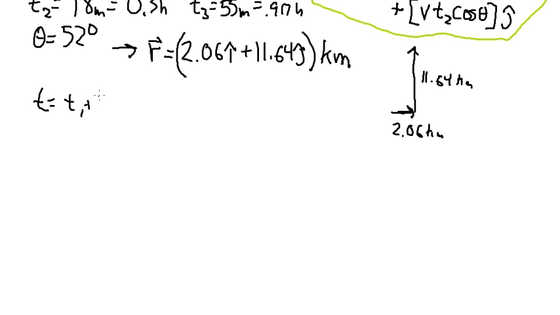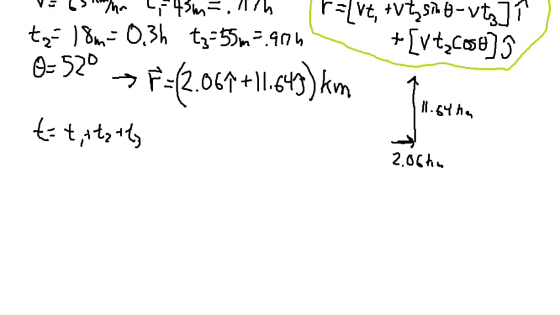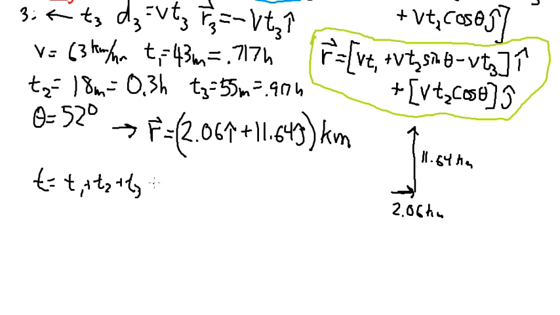So T is T1 plus T2 plus T3, and if I just go over here and look at the times I had, that's going to equal 0.917 plus 0.717 plus 0.3 equals 1.934 hours. What they want is the magnitude and direction of the velocity.